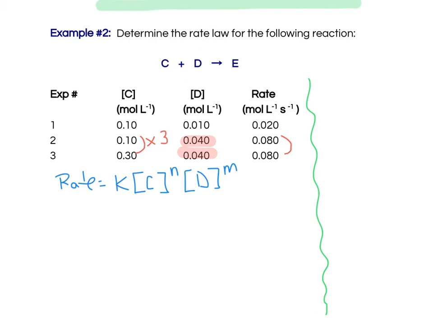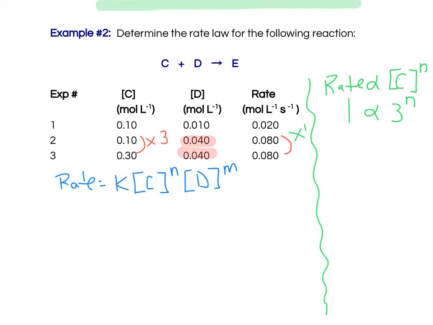So let's go back to those basic ideas that we talked about in the last example, where remember I'm saying my rate is proportional to the concentration of C to some exponent N. Well, what did I do? I tripled my concentration, and I want to know what N is, and my rate stayed the same. It was multiplied by 1. I can think of it as multiplied by 1.